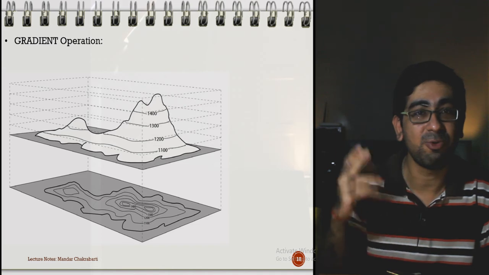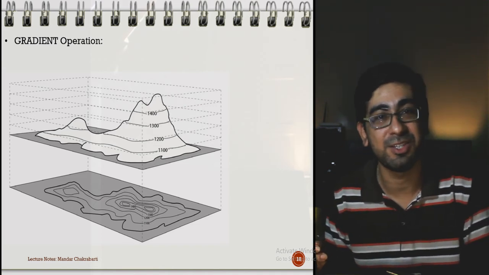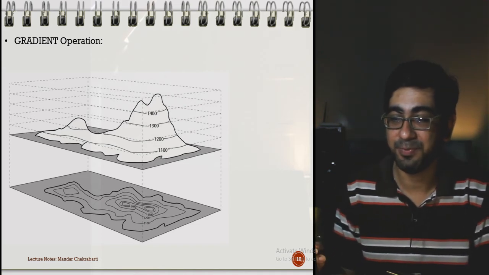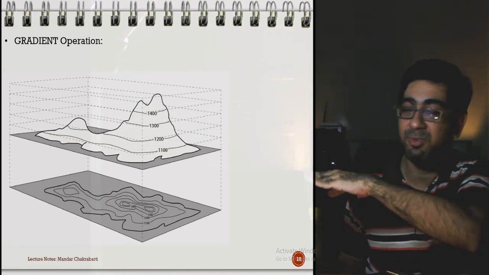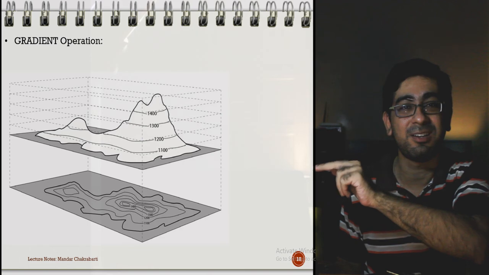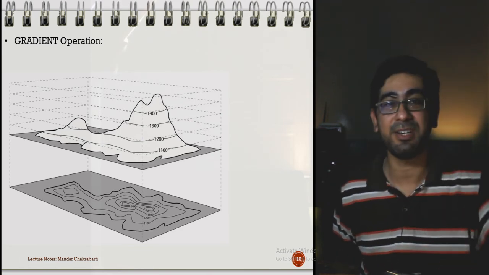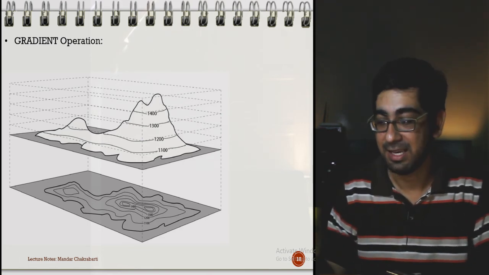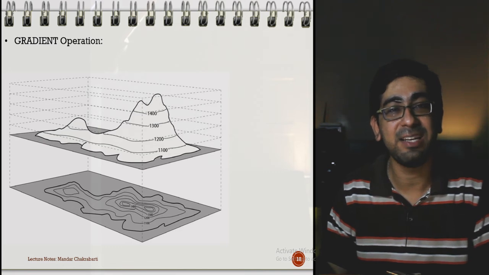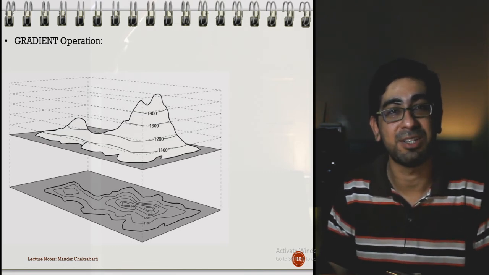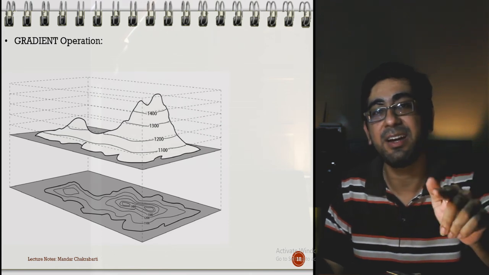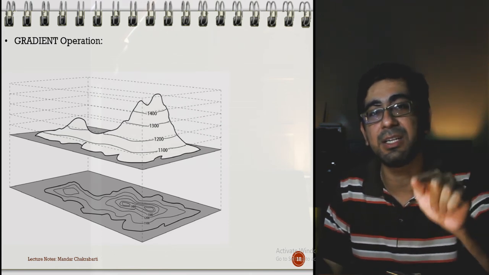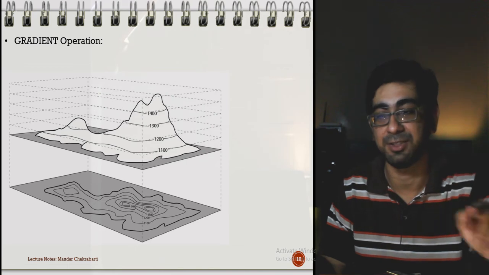It tells us how steep a particular region is. So this two-dimensional representation at the bottom of this three-dimensional structure is a practical example of a gradient operation. And gradient operation results in a vector which points in the direction of maximum rate of change.